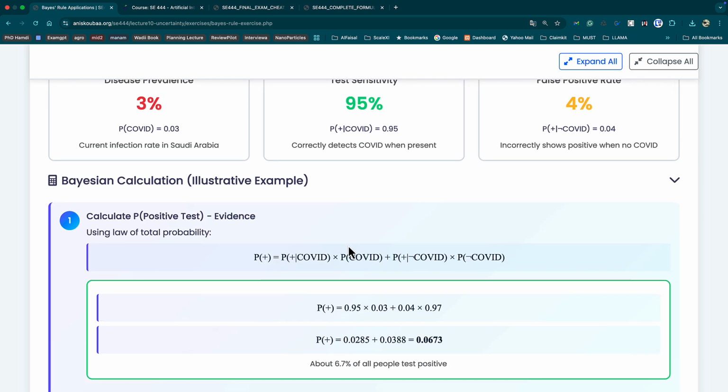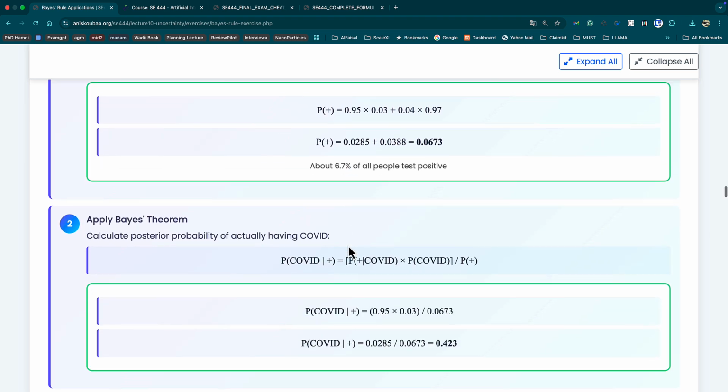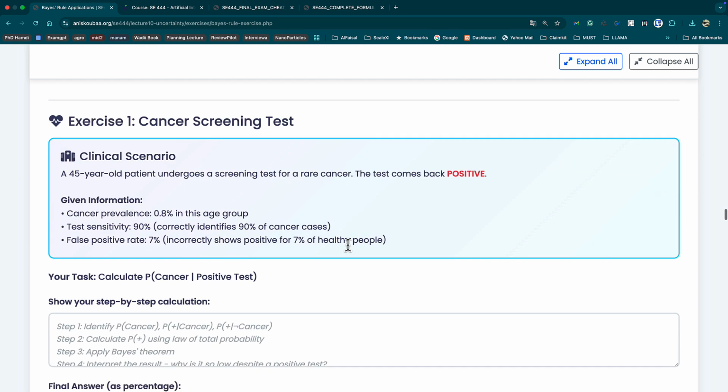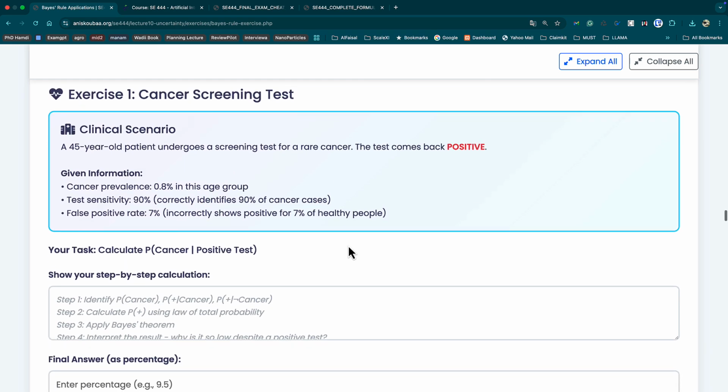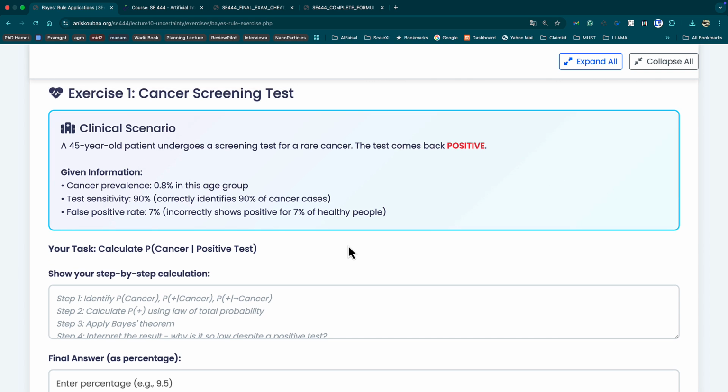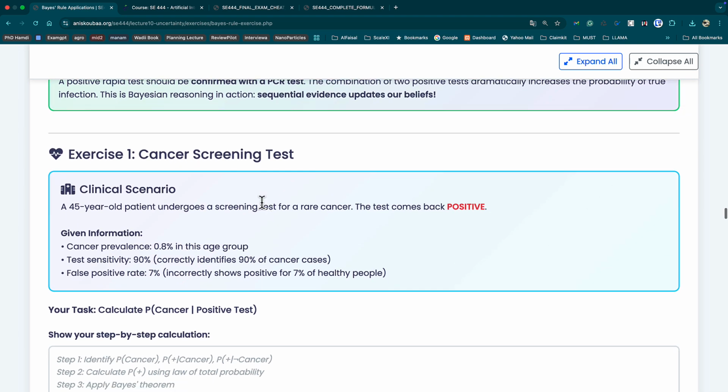So these are 2 possible cases of what we can give as assumptions. And based on this, you need to calculate. Now, try to apply on this scenario. A 40-year-old patient undergoes screening. So just give me the value that you will find. I think now you can calculate it. Is it 0.8 multiplied by 9 plus 0.7?